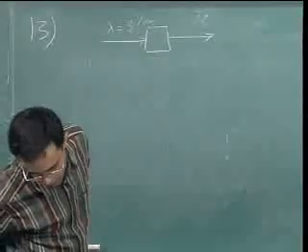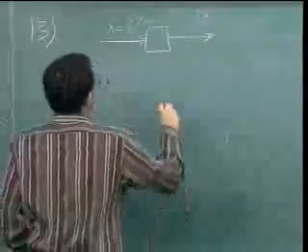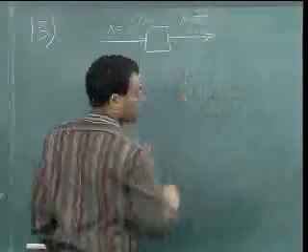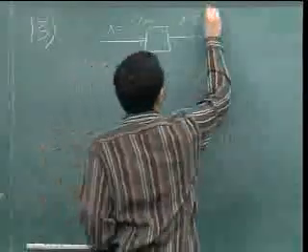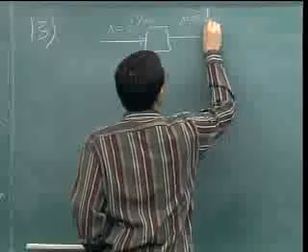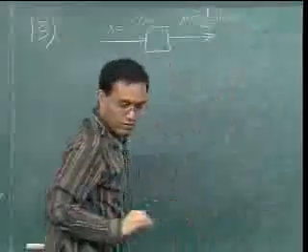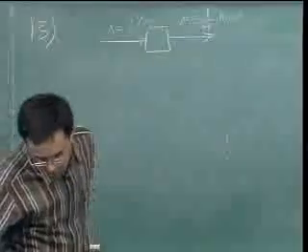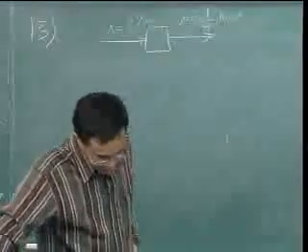And the service times are independent exponential with mean 1 over 4 hours. So just note that one of them is a rate, one of them is a mean. That's a very big deal, of course.